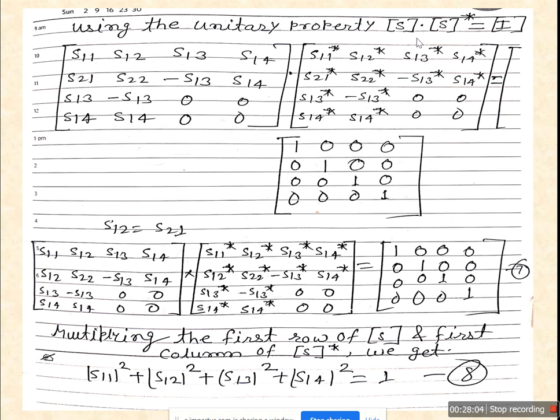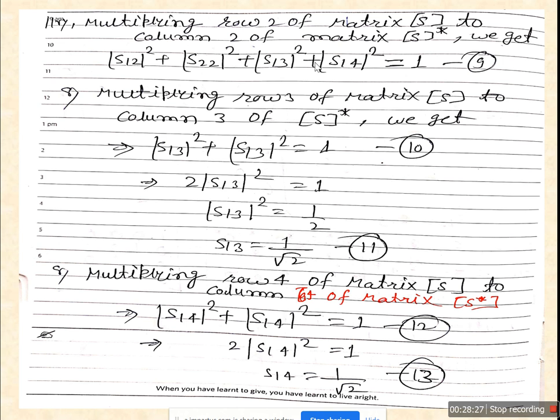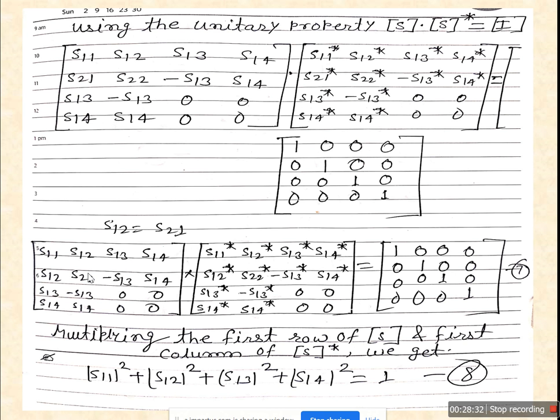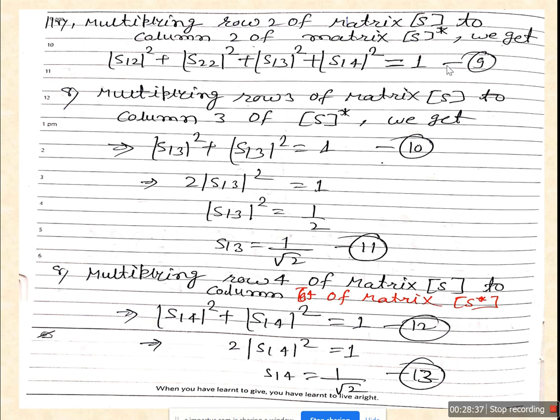Using the unitary property, the sum of each term times its complex conjugate equals 1, and S12 equals S21. Multiplying the first row of S and the first column of the S complex conjugate, we get the square of S13 and so on. Similarly, row 2 of matrix S with column 2, put the values and you will get this.